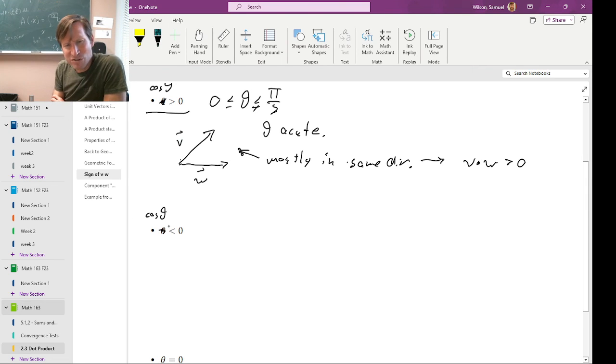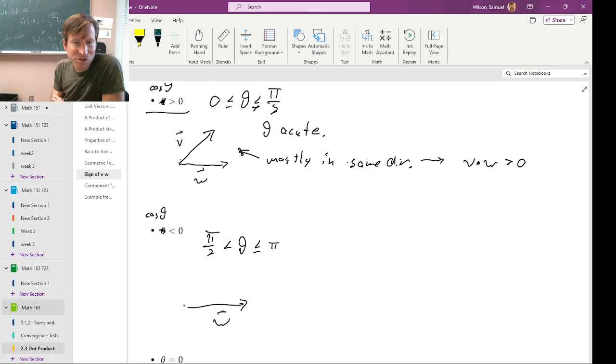Okay, what about if this cosine part is negative? Well, to make the cosine of an angle negative, that angle has to be between pi over 2 and pi, right? But the geometric situation then is that v is pointing a long ways away from w.